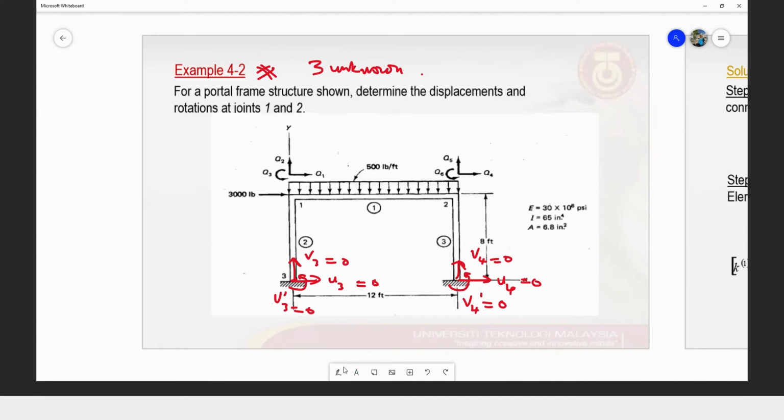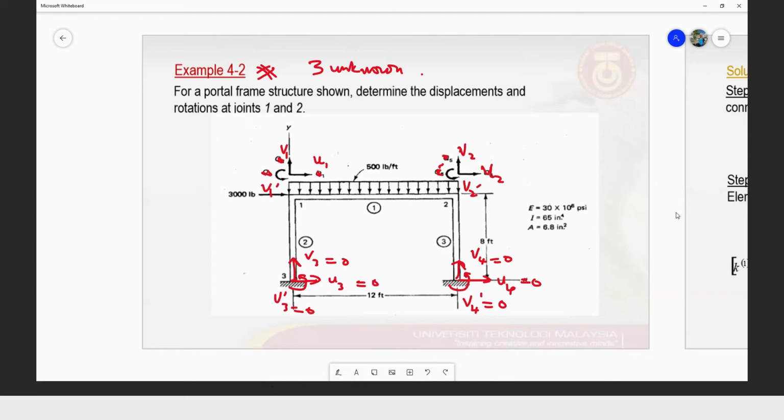So okay, let's say instead of Q, I just call it U2, V2 and V2 prime. So here we have U1, V1, and V1 prime, which refer to the horizontal and vertical displacement and also the rotation at each nodal point.